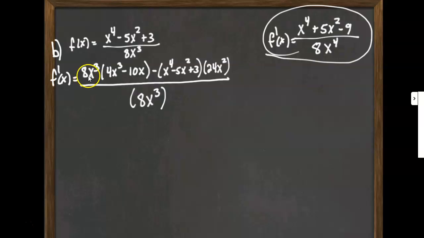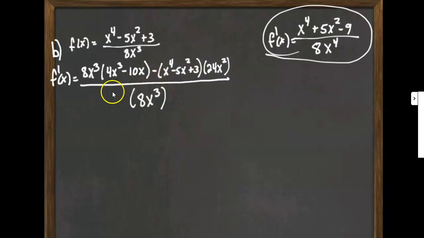So I have 8x to the third times the derivative of the top. The derivative of x to the fourth is 4x cubed. Derivative of 5x squared, that's my minus 10x. Derivative of 3 is 0, so it's gone. So bottom times the derivative of the top, minus the top, x to the fourth minus 5x squared plus 3, times the derivative of 8x cubed, which is 24x squared. And then that's all over 8x cubed.